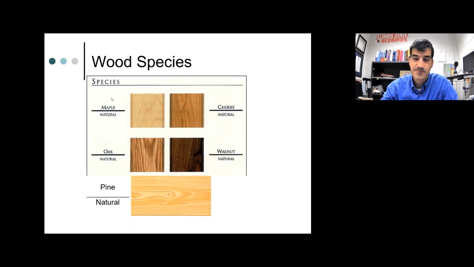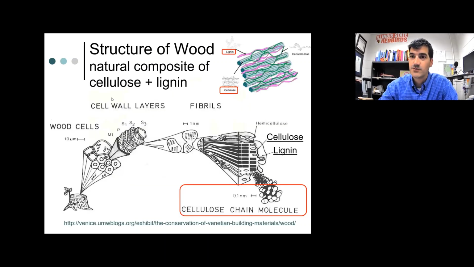All right, here's where we talk about why wood is a natural polymer. There are a couple of different parts to wood that I want you to know about. The two parts that I really want you to know about are cellulose, and cellulose is the cell wall structure of wood, and these are really long chains of glucose, which is a sugar, and so this is why we say it's a natural polymer.